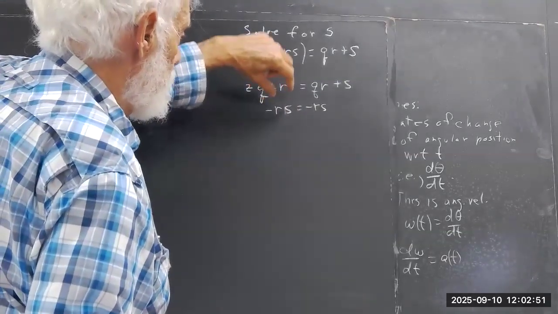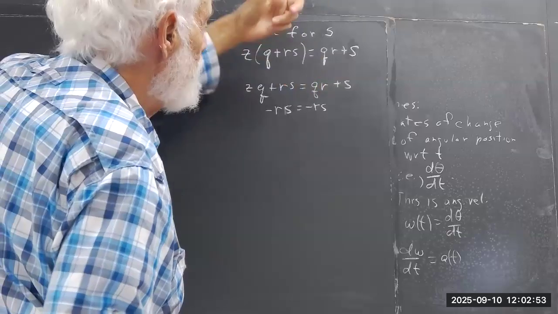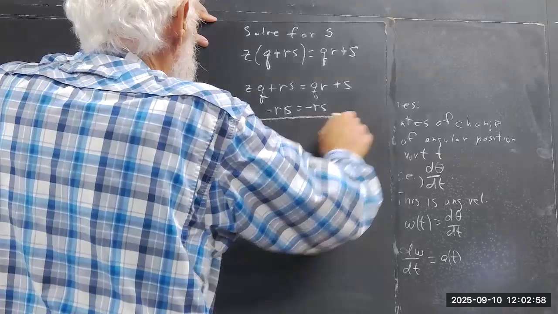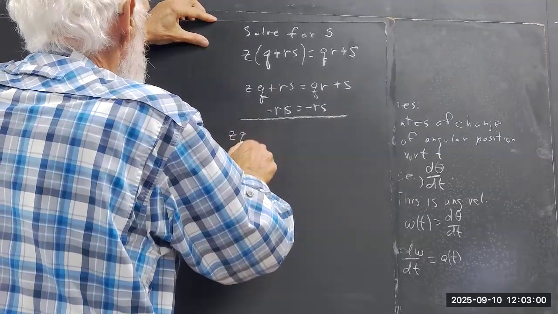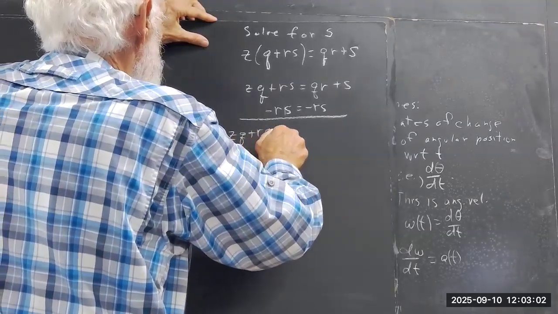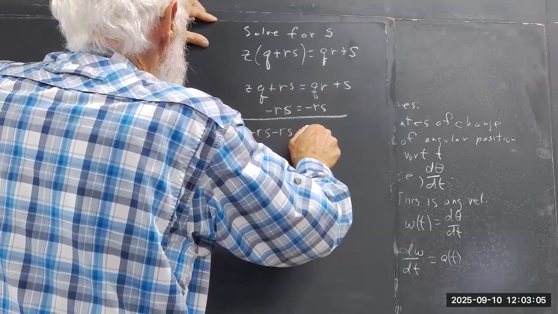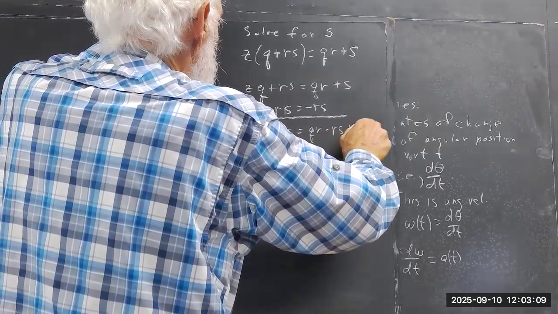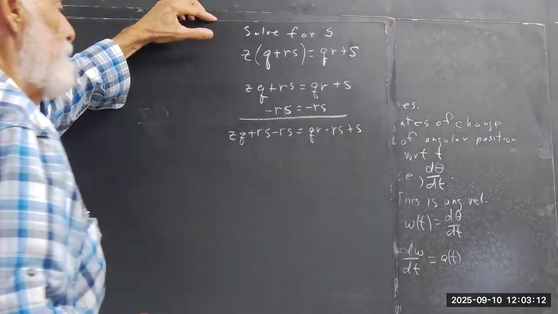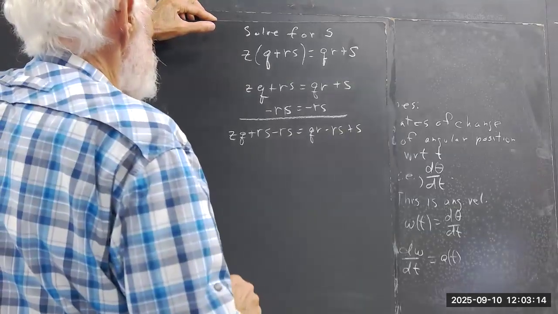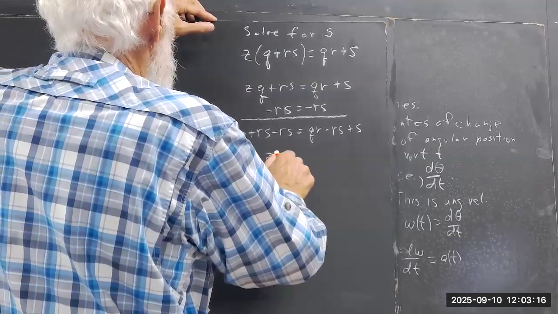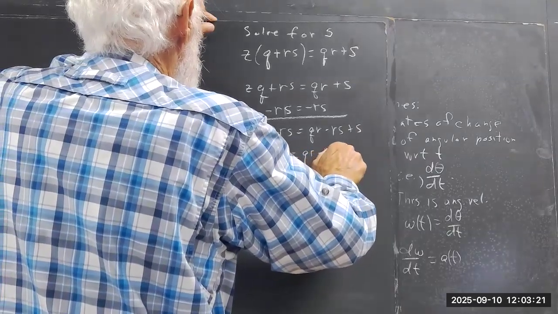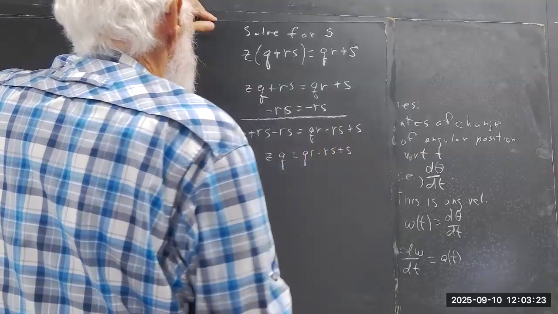In other words, you would add the equation negative RS equals negative RS to this equation, and you get ZQ plus RS minus RS equals QR minus RS plus S. Now, on the left, you got ZQ. On the right, you got QR minus RS plus S.